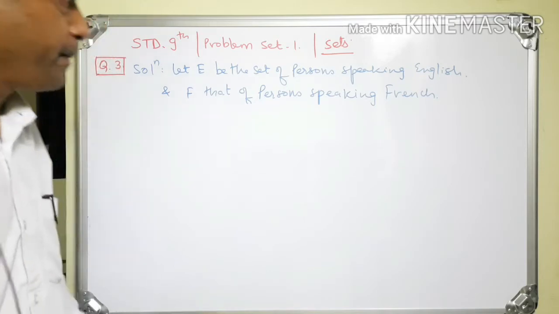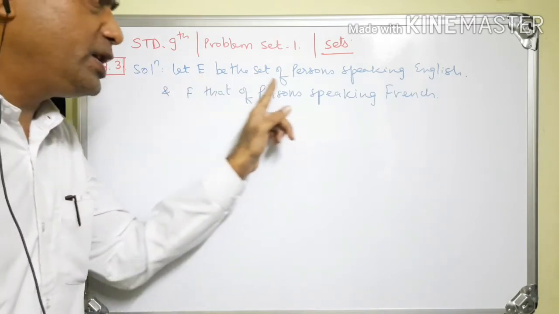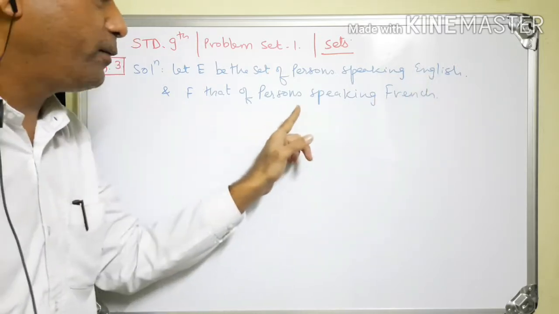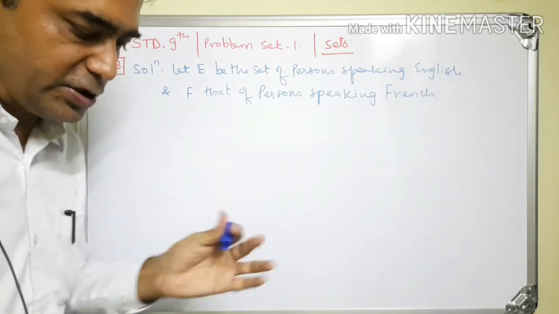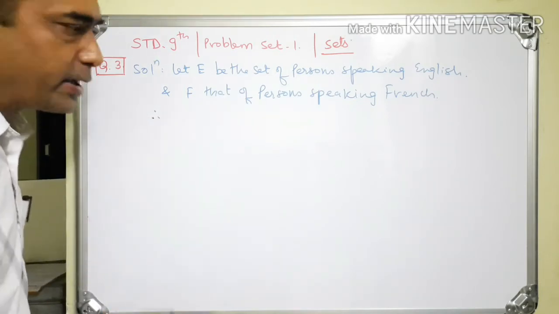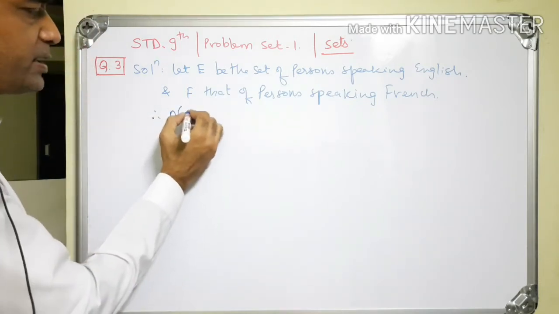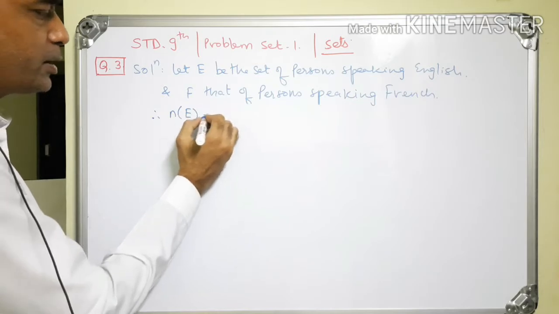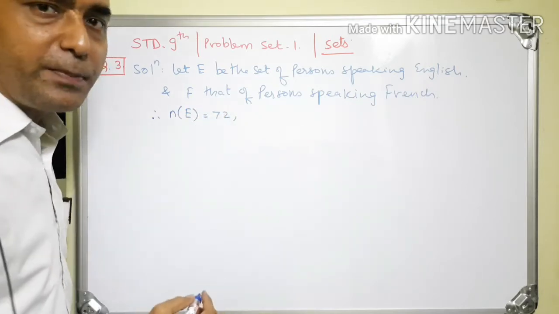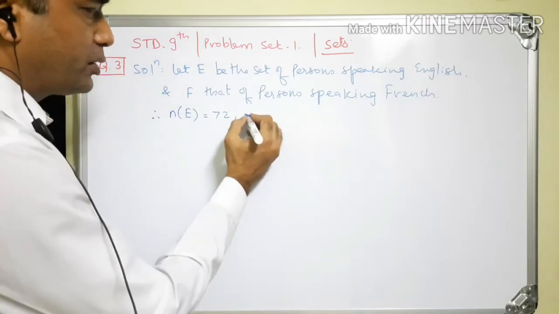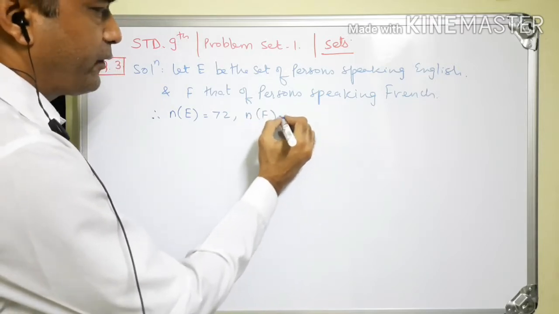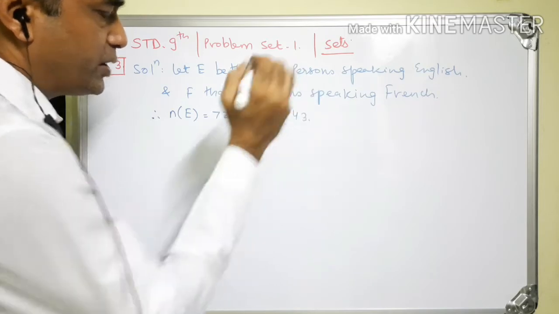So let's start. Solution: let E be the set of persons speaking English and F that of persons speaking French. There are 72 persons who speak English, therefore the number of elements in set E equals 72, and there are 43 persons who speak French, therefore the number of persons in set F is 43.